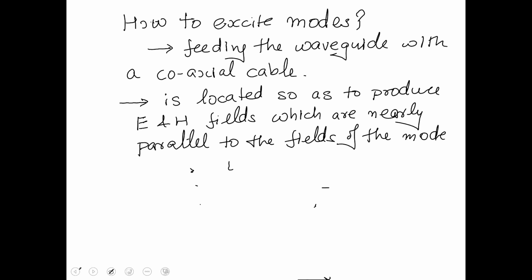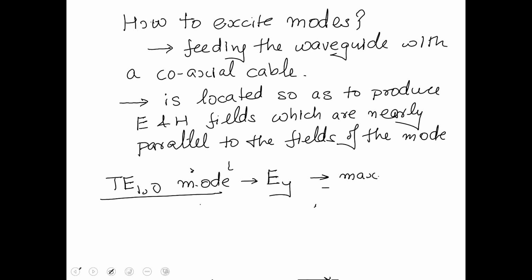So let's say if I want to excite a TE10 mode, we know in the TE10 mode we have a component of EY. The electric field is pointing in the Y direction, varying in the X direction. And we know that this component is maximum right at the center of the waveguide, at X equal to A by 2.